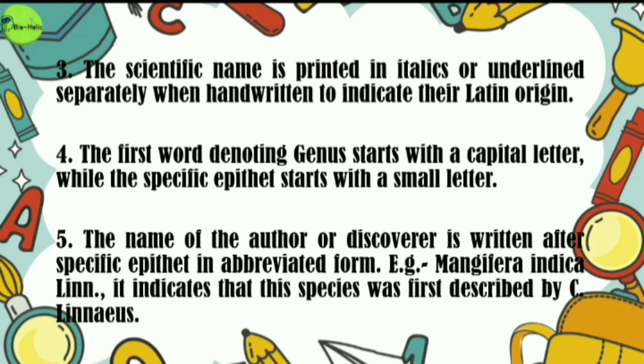And the last point is that the name of the author or the discoverer is written after the specific epithet in abbreviated form. For example, Mangifera indica Linn. It denotes that the species was first described by Carl Linnaeus. Okay.